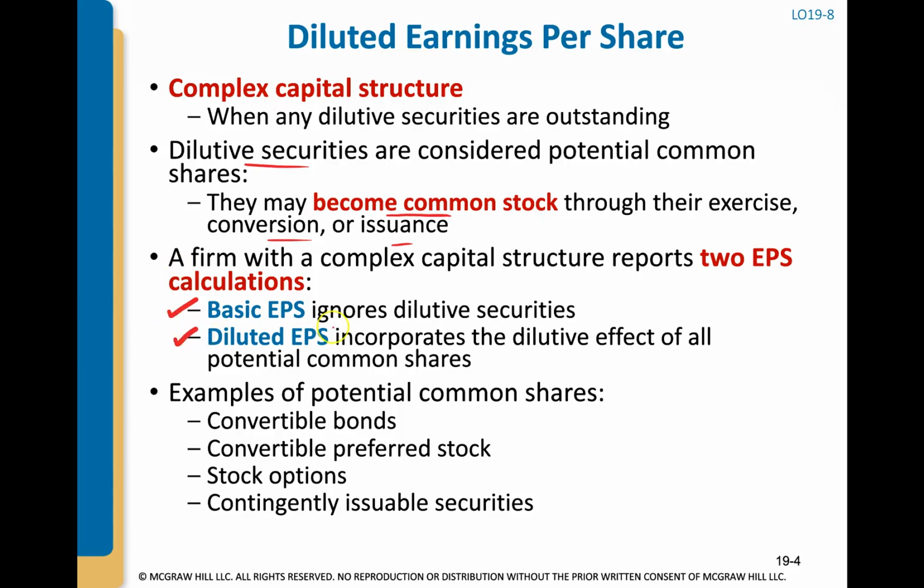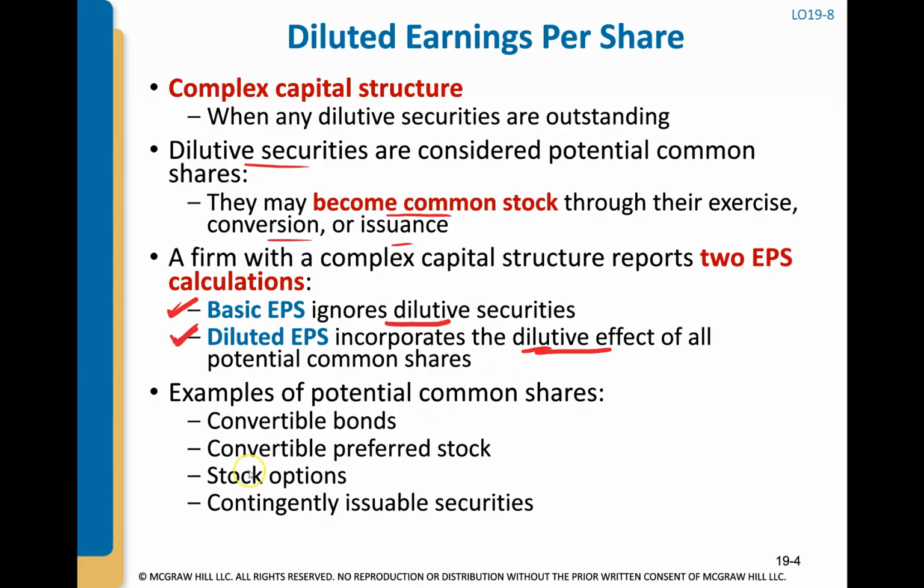And diluted EPS takes into account all the dilutive effects of these types of securities. If a company has a complex capital structure, they must report on their financial statement the basic earnings per share, where they ignore those securities, and the diluted EPS, where they incorporate all of them.